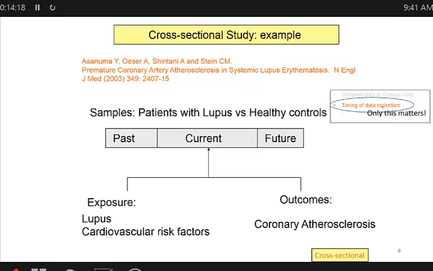I have one paper published in the New England Journal of Medicine based on a cross-sectional design. Isn't it great? What we did is we collected data from patients with lupus, and then we identified healthy controls from a database at Vanderbilt.